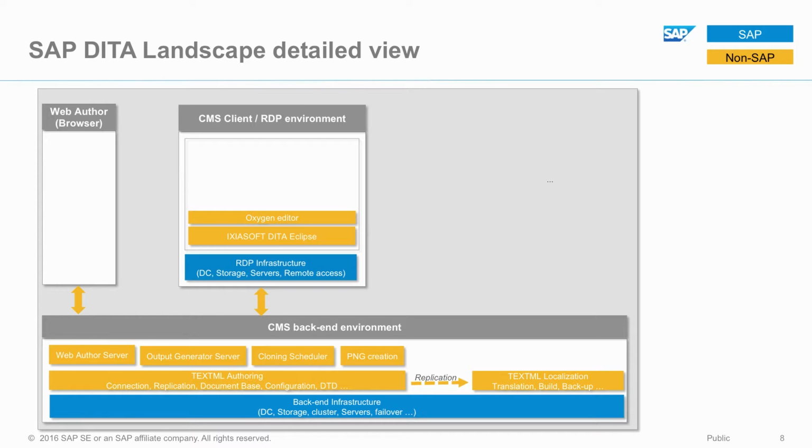This was a lot of co-work, partnering and co-innovation work with Exaisoft to deal with the different services we are providing to authors, like the cloning scheduler to deal with the versioning and branching for our contents, for our containers, automatic image PNG creation, and so on.